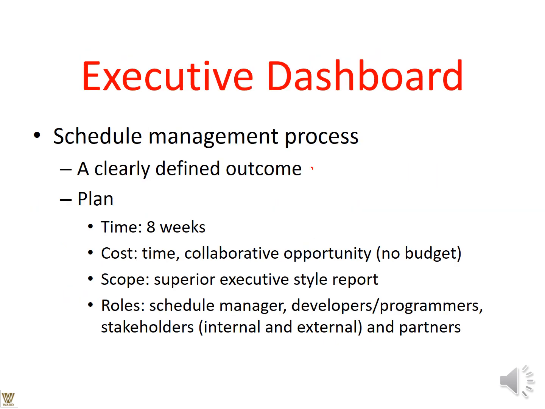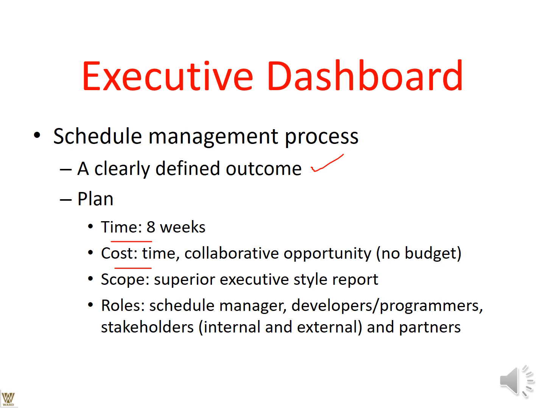What will the executive dashboard have? It will give me a clearly defined outcome. So how do we plan it? Let's say the time factor will be 8 weeks. Cost would be the money involved in collaborative opportunities, for example, past data from which departments we have to collate, and so on.